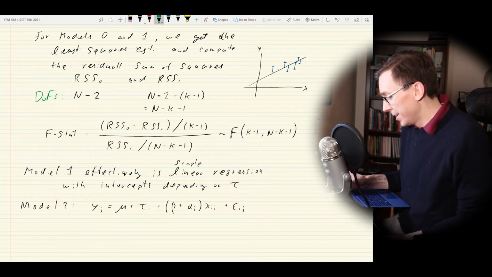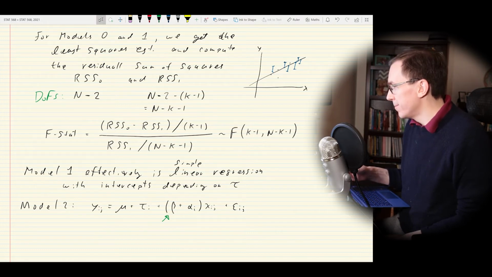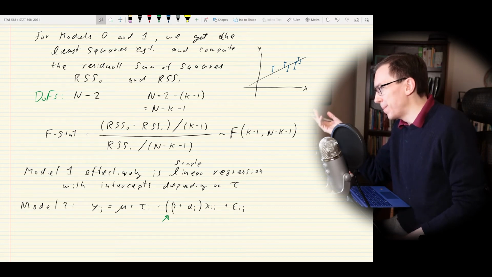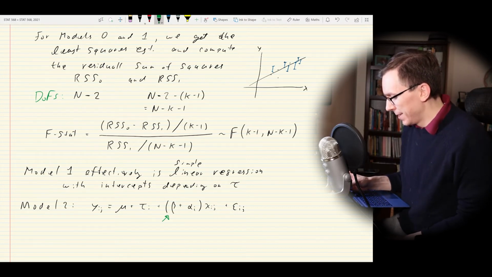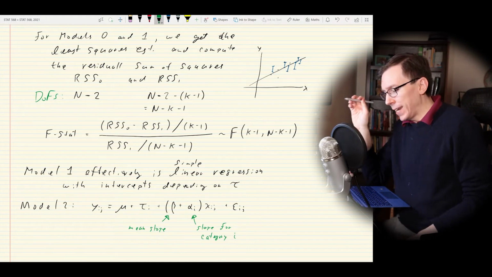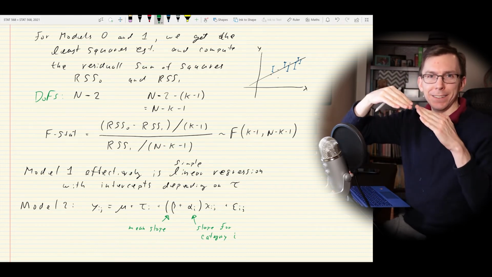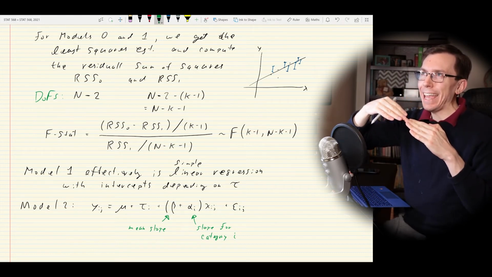So in this case, beta is kind of the fixed slope, we'll say the mean slope, but then alpha i is the slope for category i.